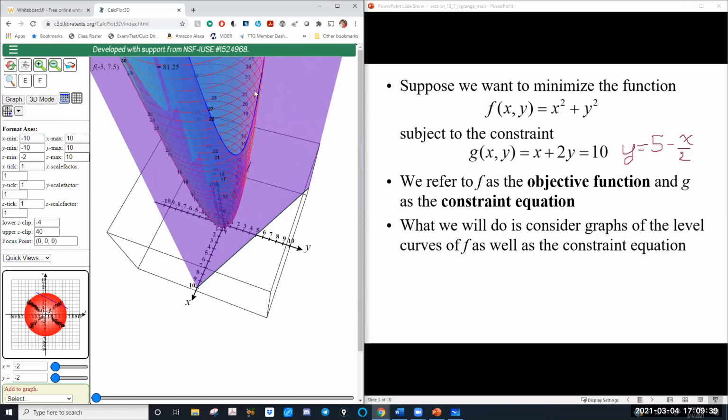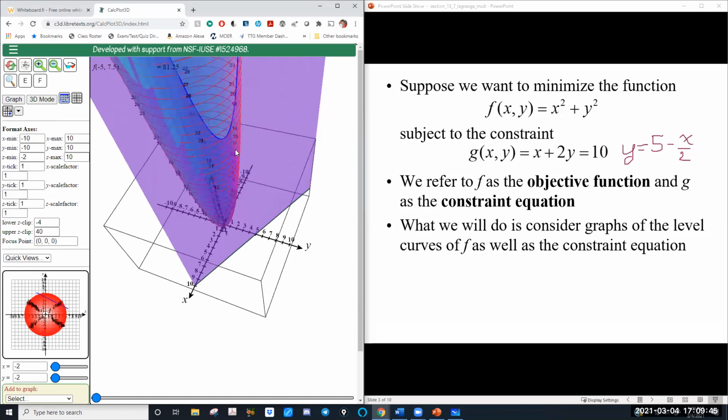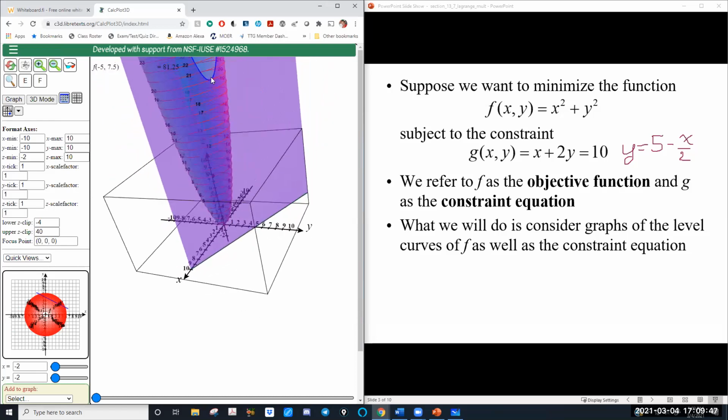That's the intersection of our constraint, which is this purple plane, along with our curve. Right there is going to be the minimum value of our function subject to our constraint, because it's the lowest value on the intersection of our constraint and our surface. So geometrically, this is the point that we are trying to find, all right?